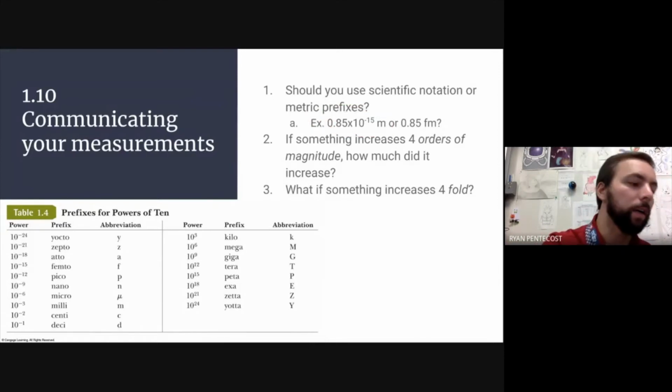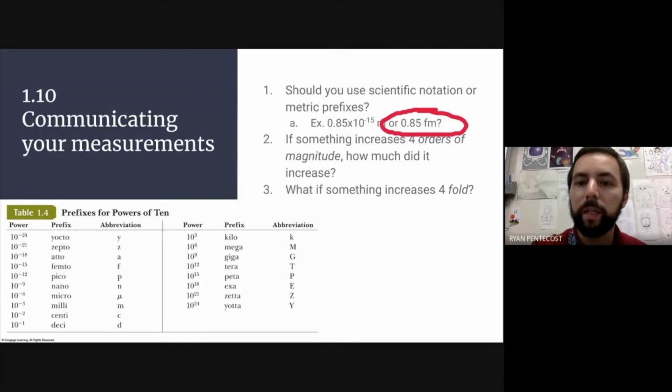Now, if you're talking on a much smaller scale, you might want to use femtometers. For example, if we're talking nuclear sizes, you would want to use 0.85 femtometers. You wouldn't want to use 10 to the negative 15th meters, because all of the things you're talking about would be on such a small scale. For example, 0.85 femtometers is the diameter of a proton.